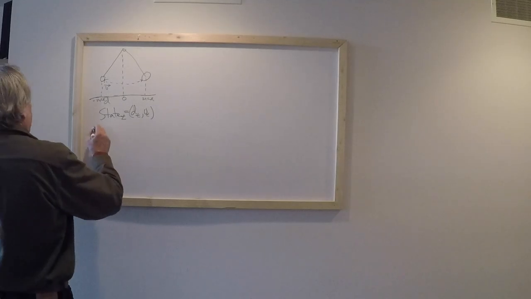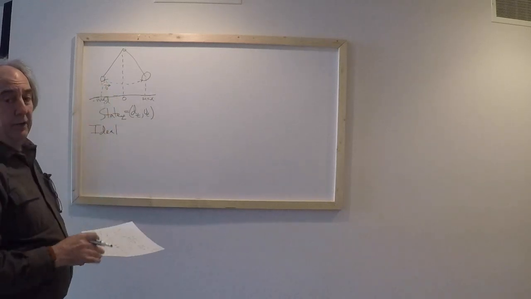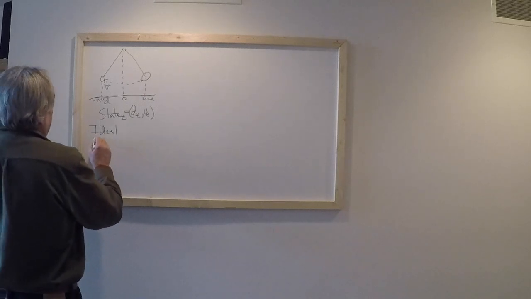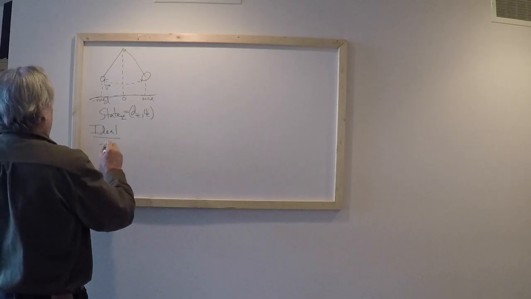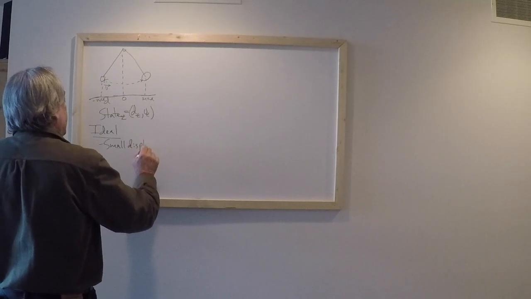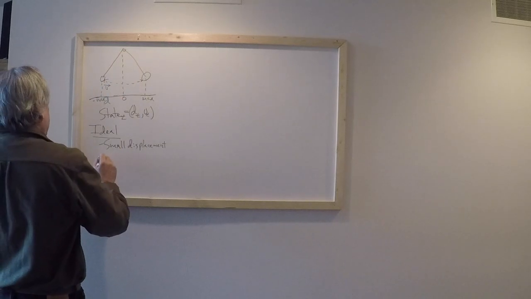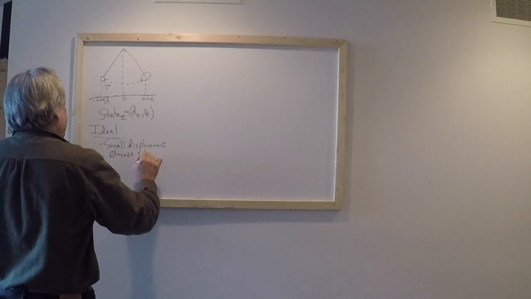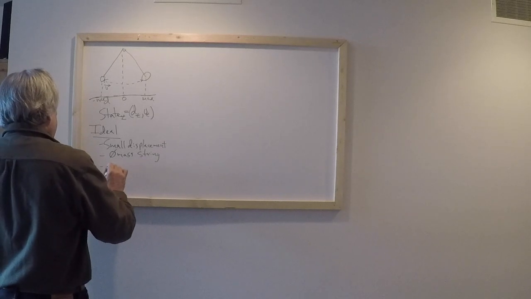Now, in an ideal world, this behavior is described very simply by some sines and cosines, which we're not going to get into. But in an ideal world, pendulums behave nicely when displacements are small, the mass of the string is zero, a massless string I'll just call it, and there's no friction.